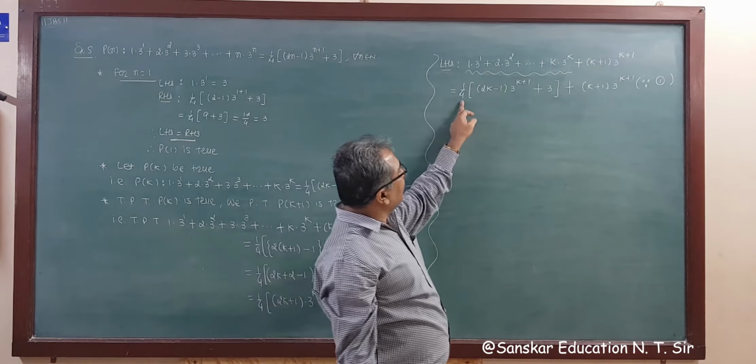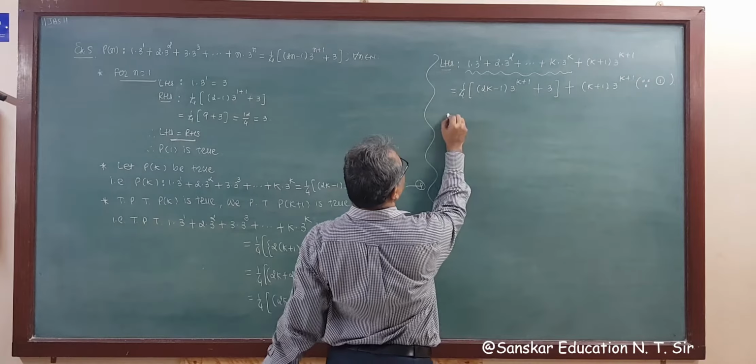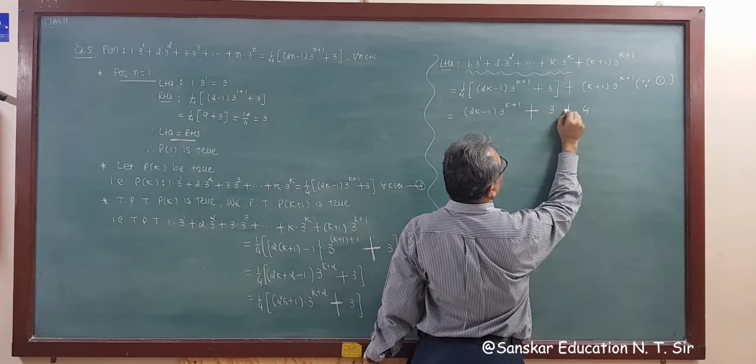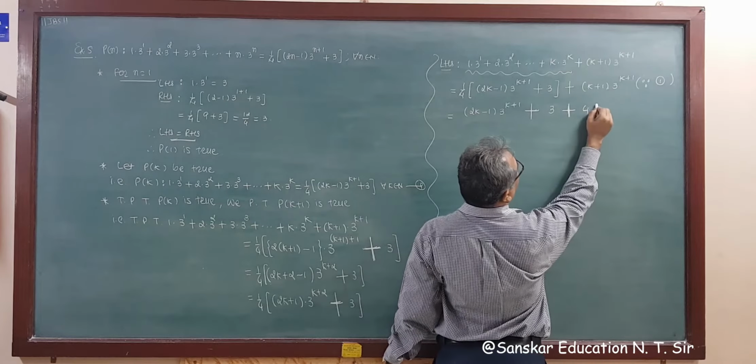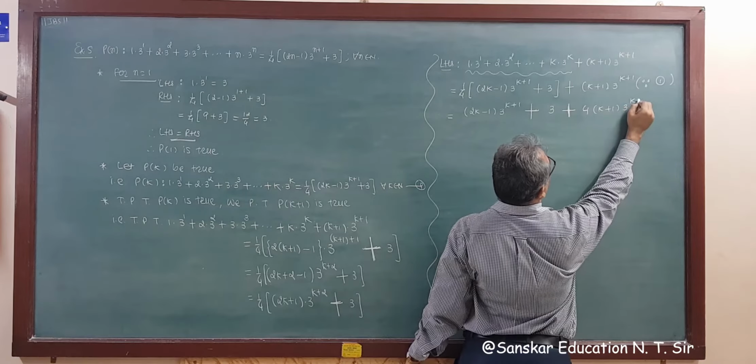Now taking LCM, so multiply 4 here, so this is equal to twice k minus 1 3 raised to k plus 1 then plus 3, write big brackets, 3 plus, this is 4 times k plus 1 3 raised to k plus 1.